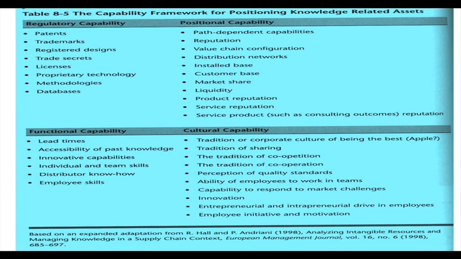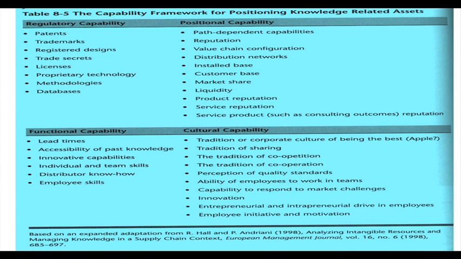So, you can use this capability framework where you can identify the capitals associated with the organization: people, relationships, and infrastructure. If you calculate it, you can find out your position with reference to your current knowledge assets vis-a-vis the knowledge assets of your competitors, and then you can see whether it is going to help you achieve competitive advantage or not.